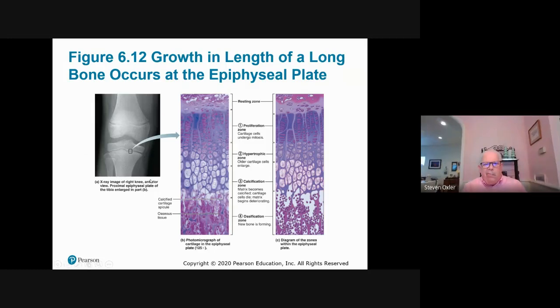Okay, so here is the epiphyseal plate. This is in a young person who is still growing. When they reach puberty, this fuses and this line goes away. There will be no line there. So if you took a picture of my knee, I wouldn't have this line.